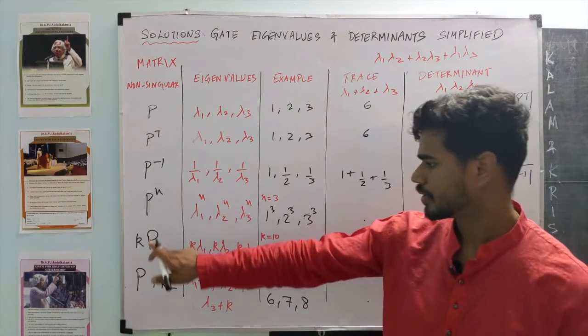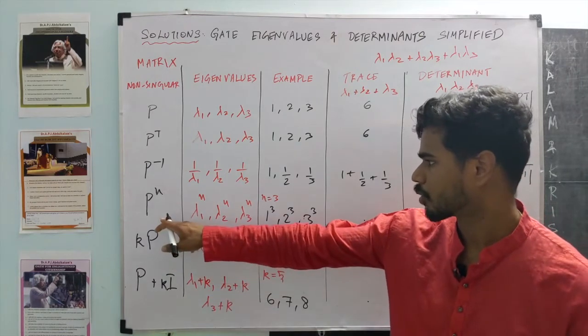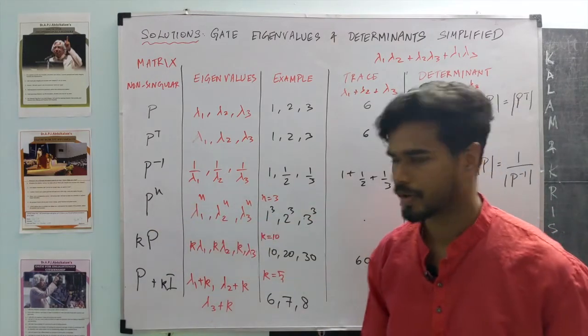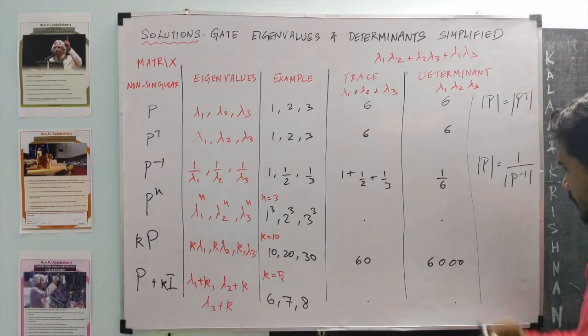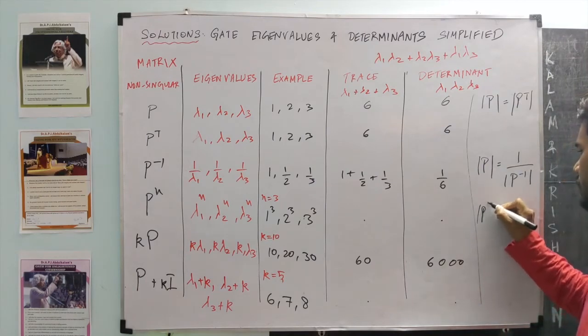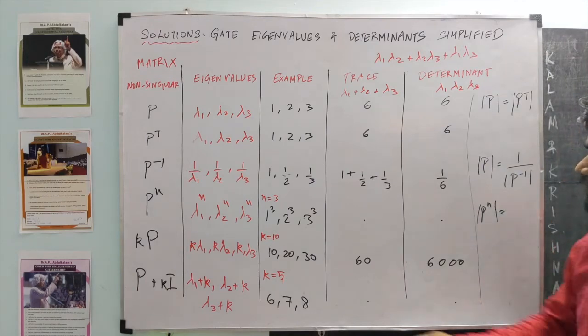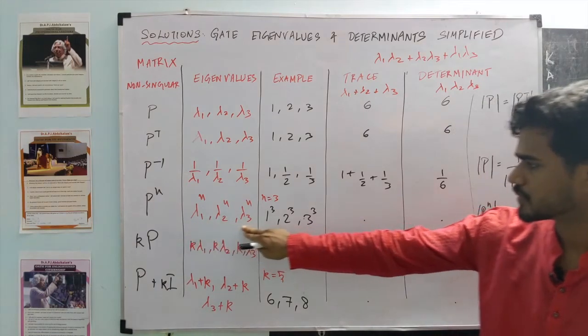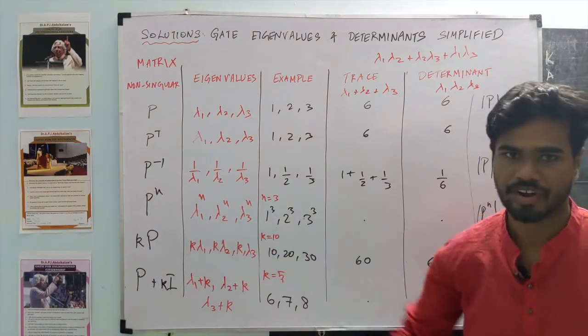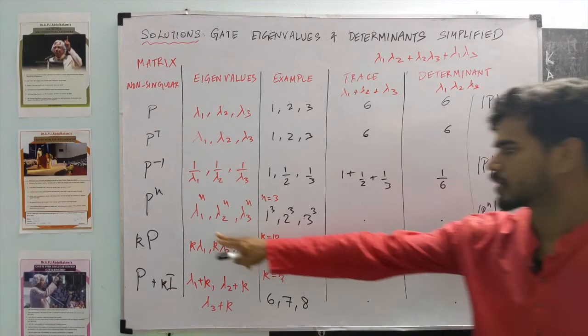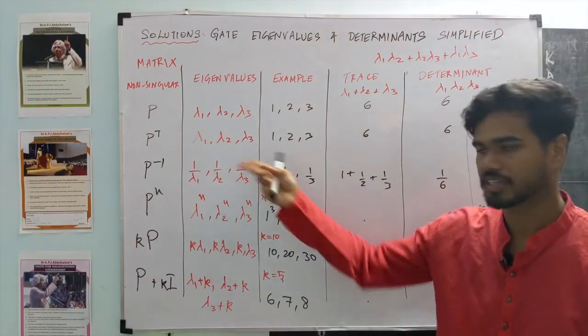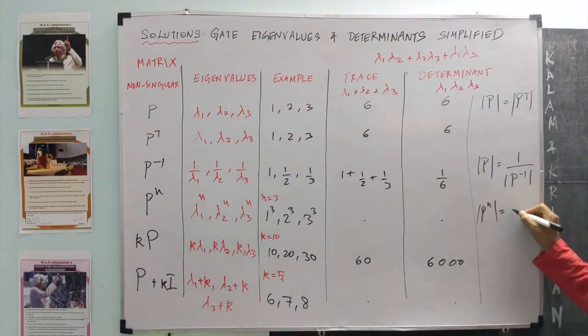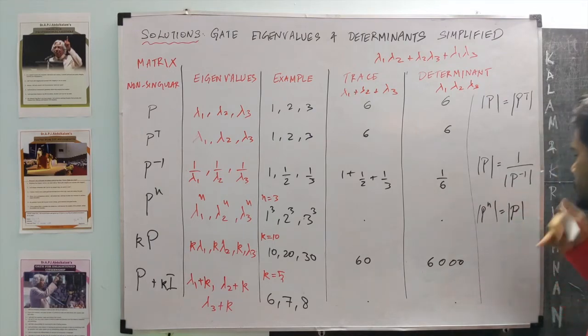We have a couple more properties. How about P power n? Notice, each of the eigenvalues is raised to the power of n, right? So we take the product lambda 1, lambda 2, lambda 3 raised to the power of n. So we take the original determinant, the original product lambda 1 lambda 2 lambda 3, and raise it to the power of n. So we know the determinant of P power n.